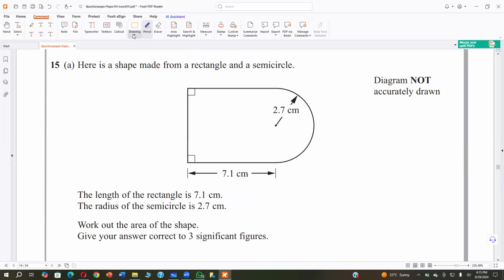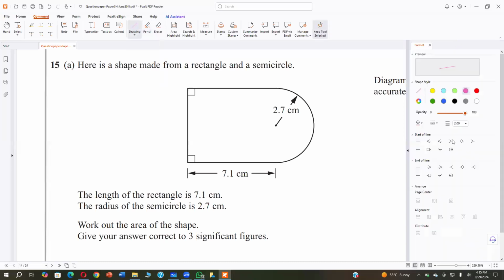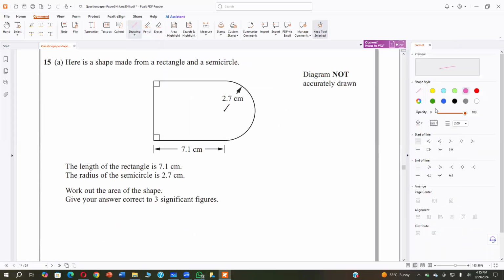So this is basically a rectangle and a semicircle.